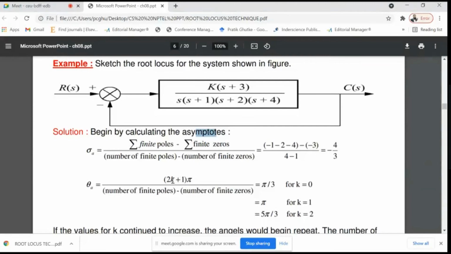So k will vary from 0 to 1. So how to calculate theta 1? For theta 1, keep the value of k as 0. Put k as 0 first to calculate theta 1.